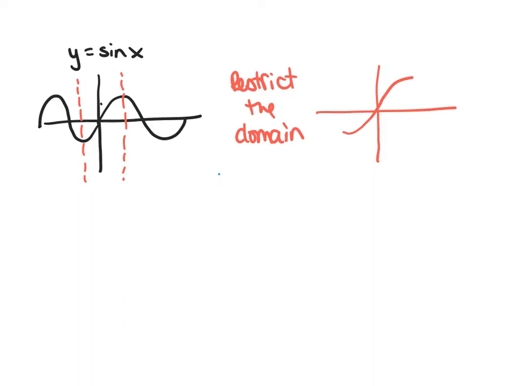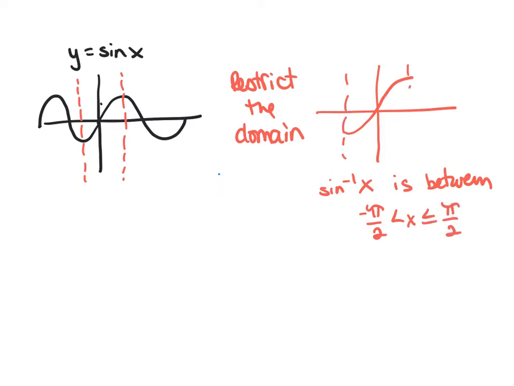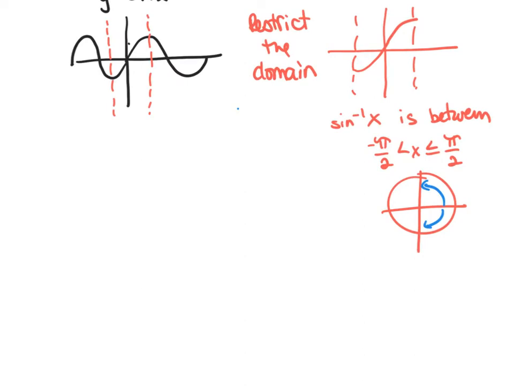So inverse sine is between negative pi over 2 to positive pi over 2. On the unit circle, that would be from 0 to pi over 2 and from 0 to negative pi over 2. And I'll show you why that matters in a second.